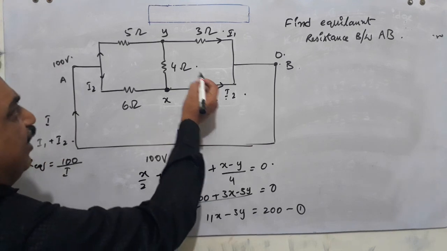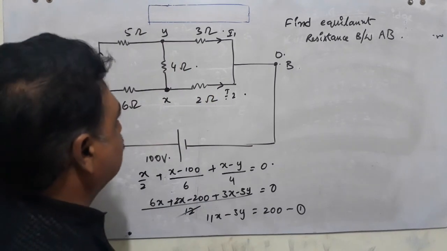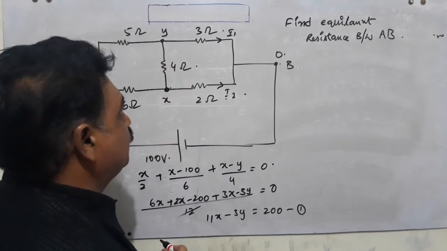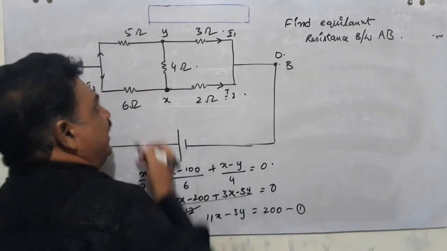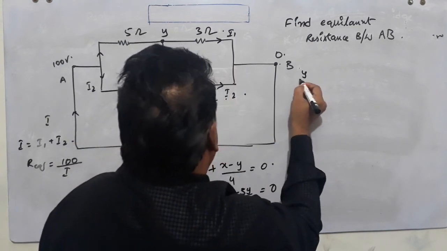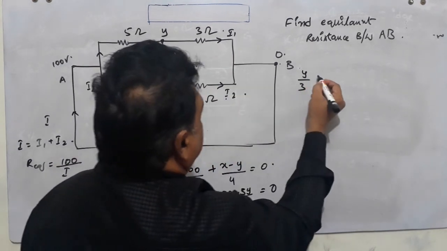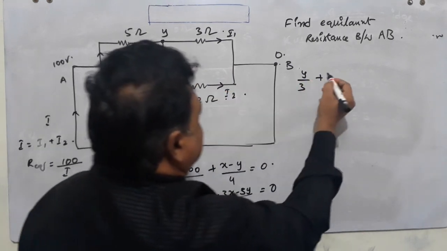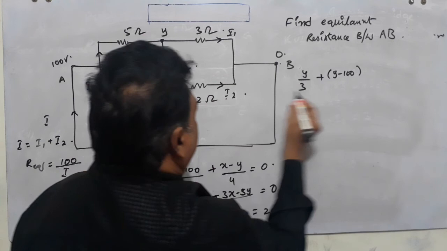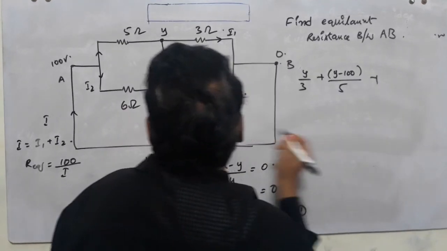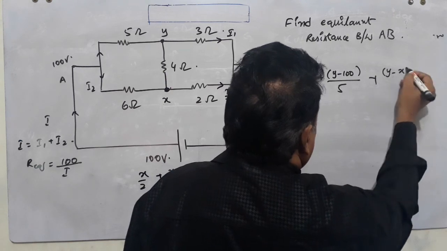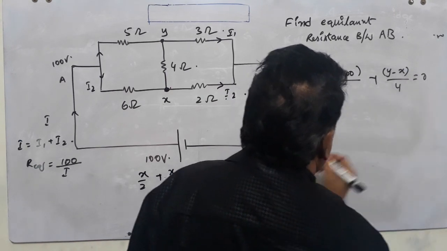And now I am going for y. The same KCL is applied for y also. For y, I am going to give you (y minus 0), that means y by 3, plus (y minus 100) by 5, plus (y minus x) by 4 is equal to 0.